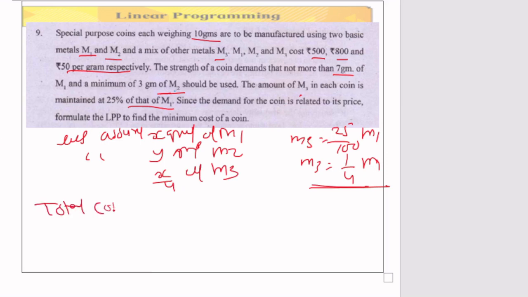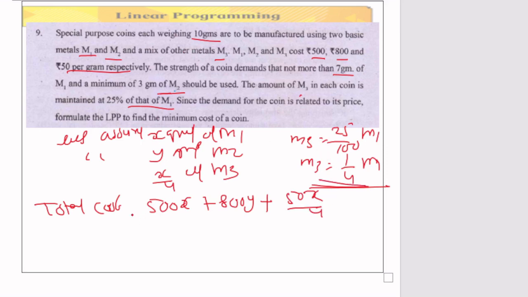Total cost is how much? x of M1 is 500, so 500x, M2 is 800, so 800y, and M3 is 50 of x, but divided by 4. Why 4? Here it's given.